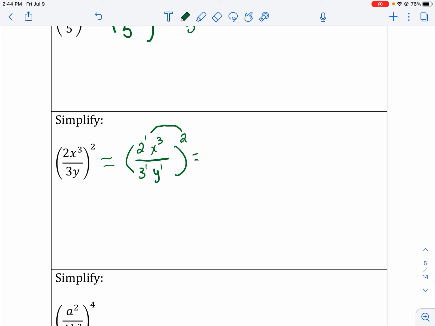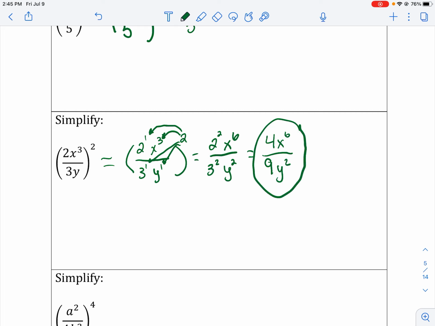Power to a power, we distribute, meaning we multiply exponents by other exponents only. So I'm left with 2 squared x to the 6th over 3 squared times y squared. 2 squared is 4. There's more simplifying left because 2 squared equals 4. 3 squared is 9. Y squared. Nothing else I can simplify because 4 over 9 is as simplified as it goes.